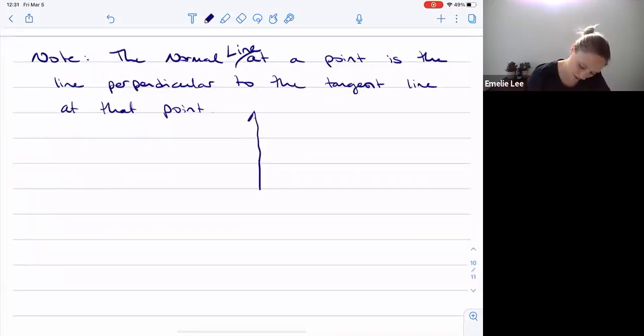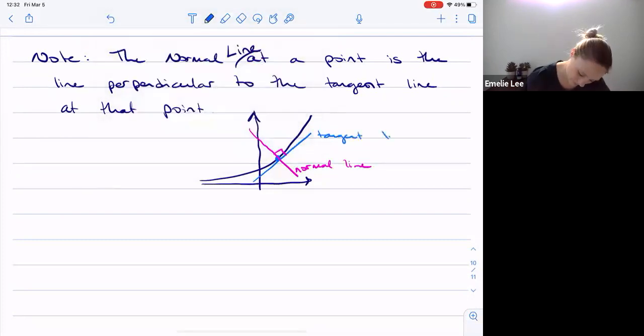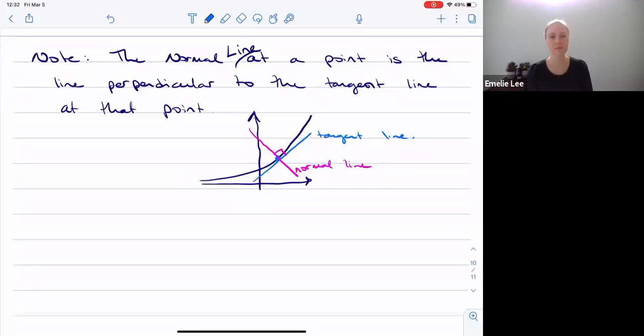So if we have something like, at the risk of looking like e to the x here, but here, if you have a tangent line, then this would be your normal line. Okay. So that's just some terminology, just in case we need it.